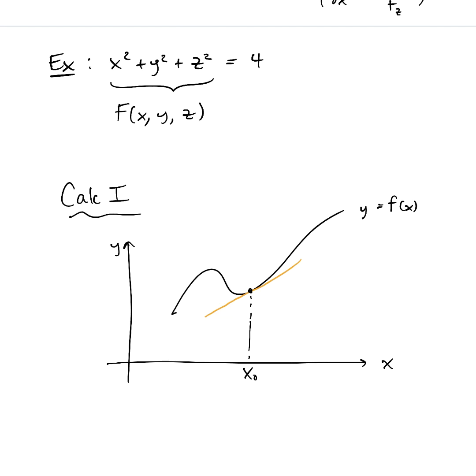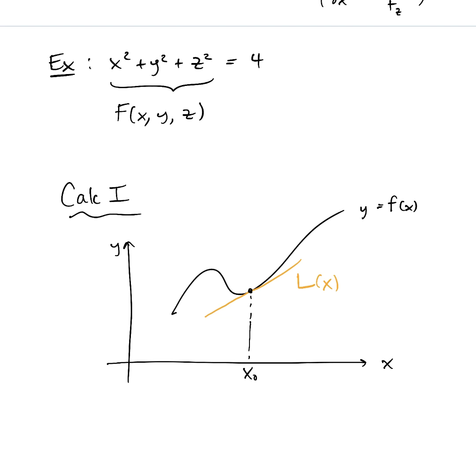Now you can see that the orange tangent line, let's call it L, which is a function of x, and the actual function of x, that's the black curve, you see they agree right at the tangent point because that's how you built that tangent line.